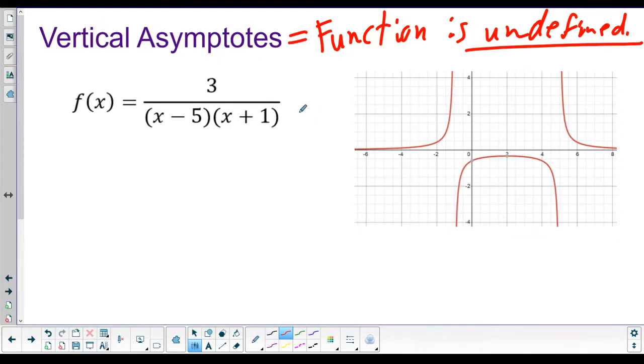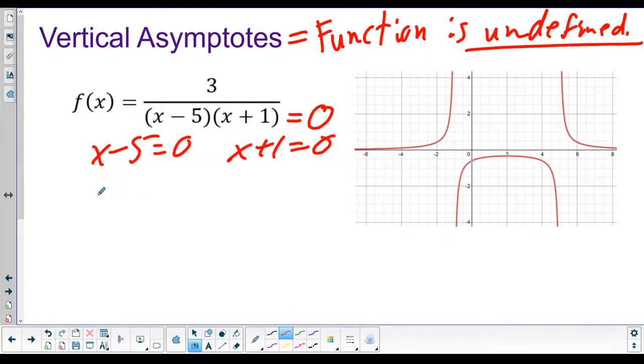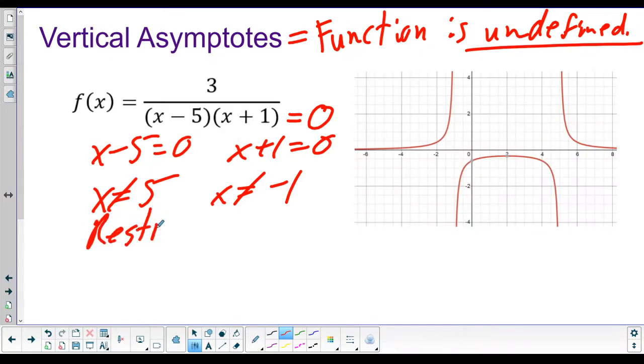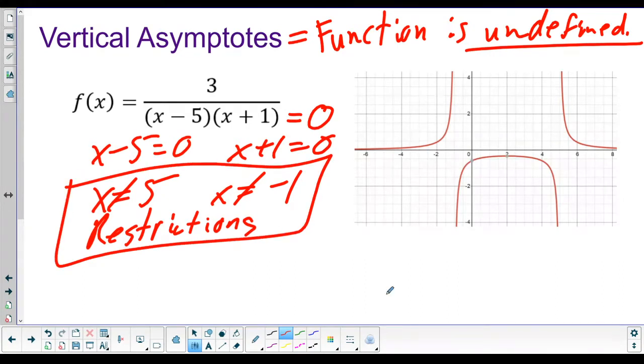And to find our restrictions, all we have to do is set the denominator equal to 0. So if we set x minus 5 equal to 0, and x plus 1 equal to 0, we get x does not equal 5 and x does not equal negative 1 as our restrictions. These are also telling us where our vertical asymptotes are.